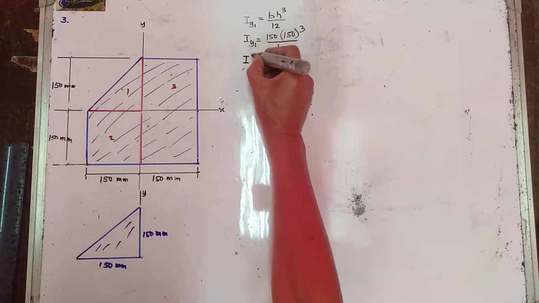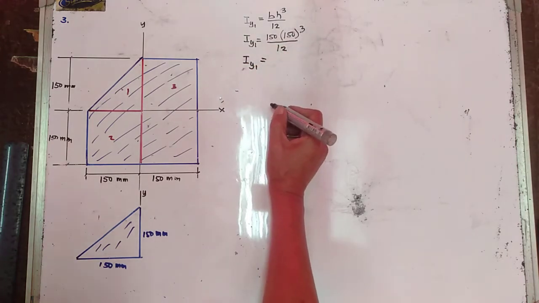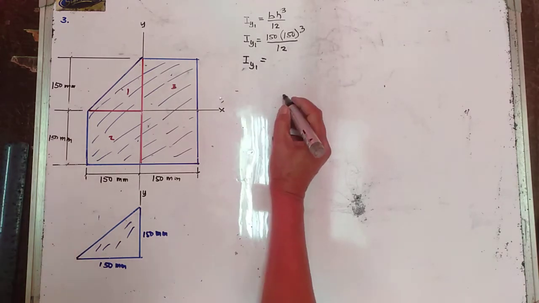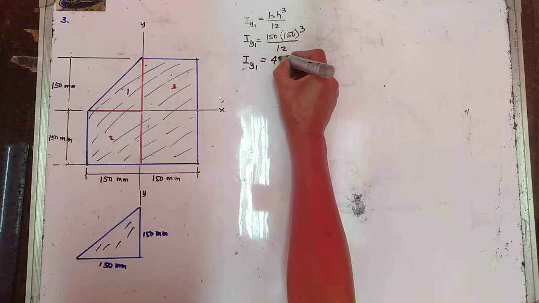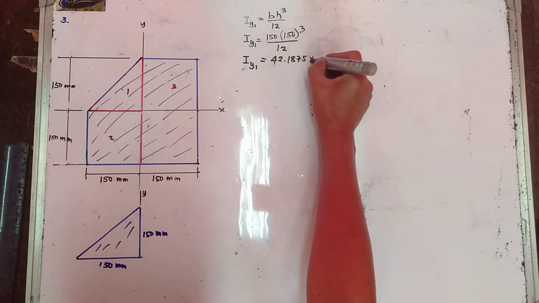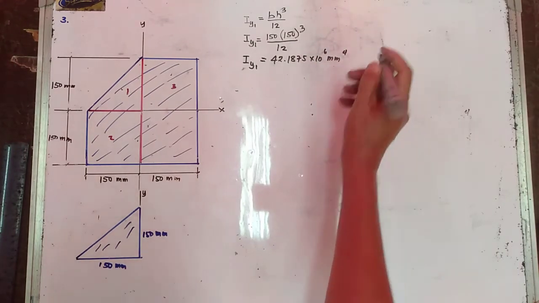So that the moment of inertia is now equal to 42.1875 times 10 to the 6 millimeter raised to the 4th.